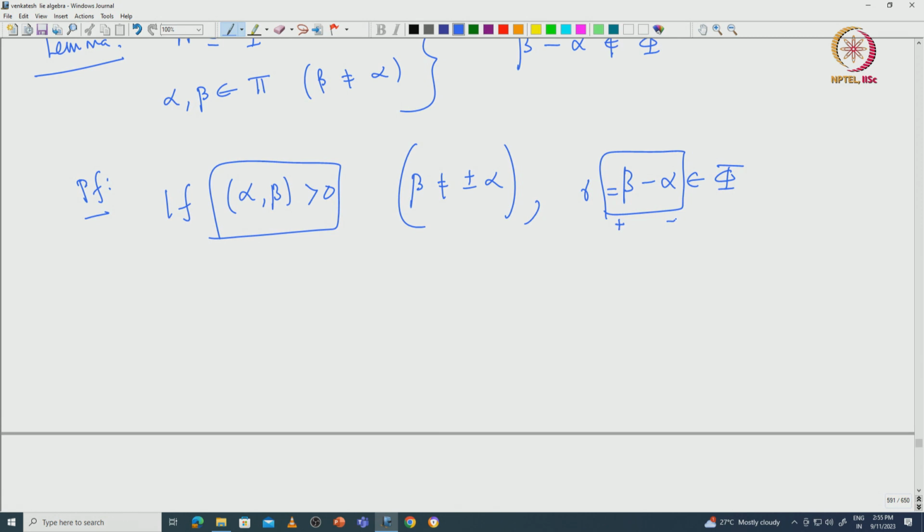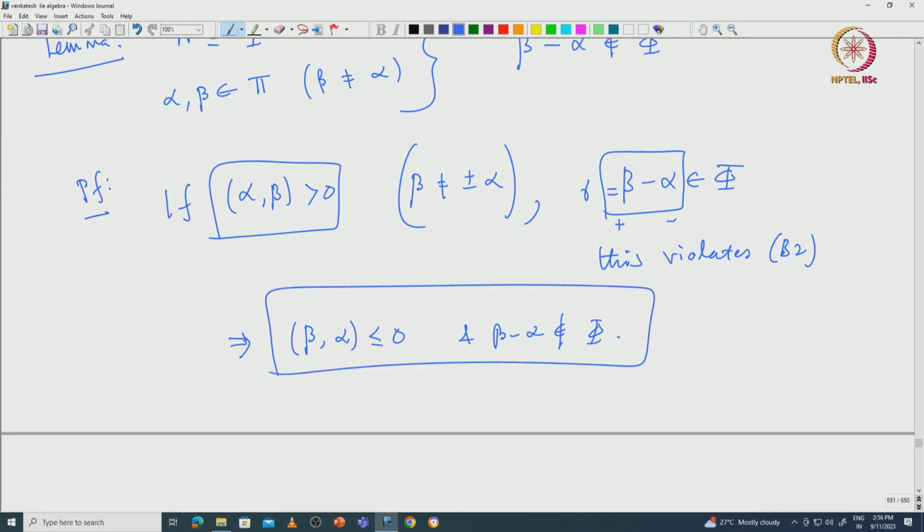That is not the case. So, this violates B2. So, that means we cannot have the inner product positive. That immediately implies the inner product of beta and alpha must be non-positive, and that also immediately implies that beta minus alpha is not a root.